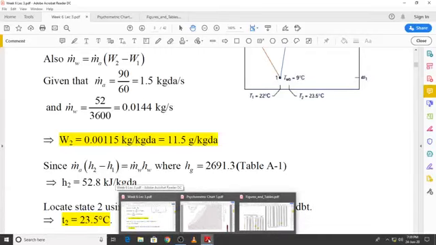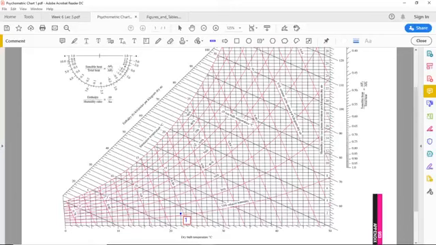So if you look at it over here, this is 10, 10.5, 11, 11.5 will be over here. So we know that once we start from state 1, we should end up on this horizontal line where the humidity ratio is 11.5 grams per kilogram dry air. Where on this horizontal line we will end up, we don't know yet.